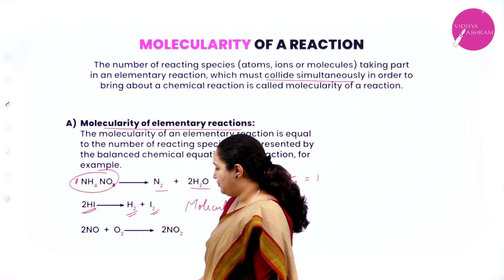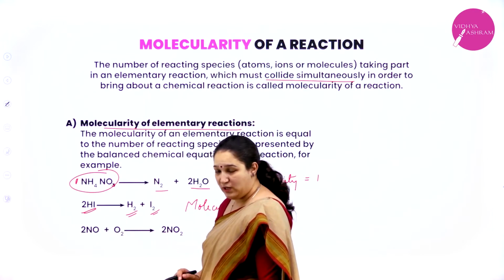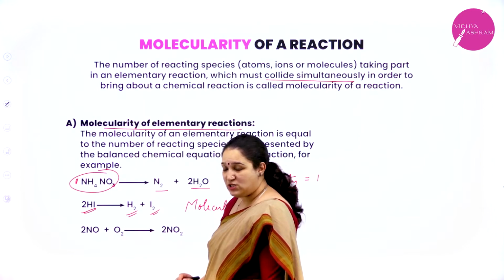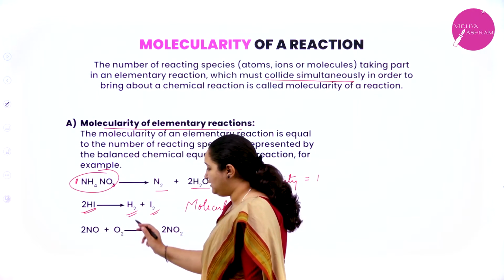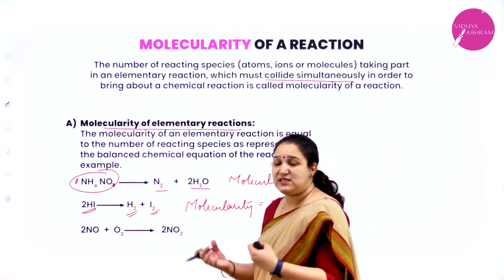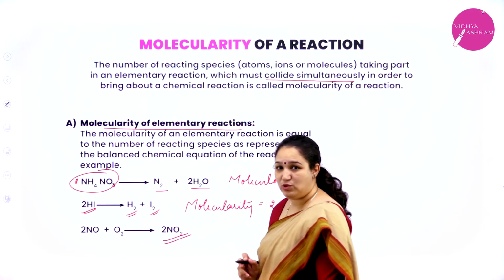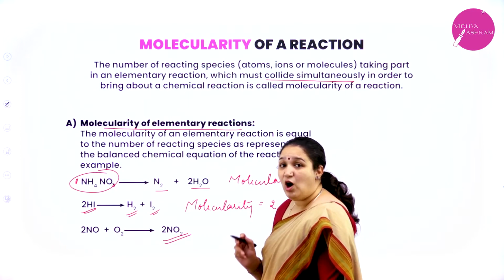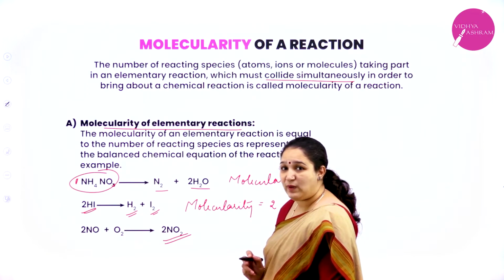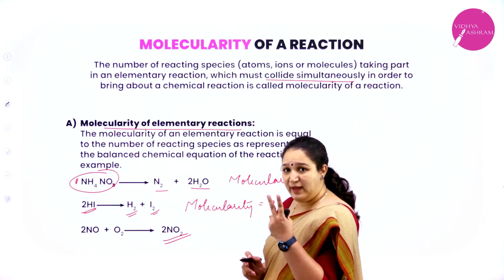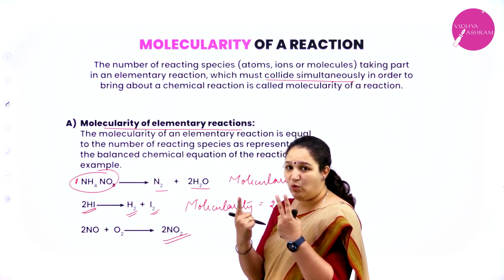2NO plus O2. We have two NO molecules with one oxygen molecule, if all three simultaneously collide with one another, then we'll get NO2, isn't it? So how many molecules are now colliding with one another? Two NO molecules and one O2 molecule.